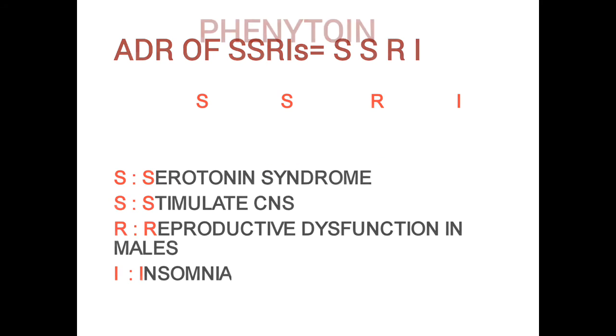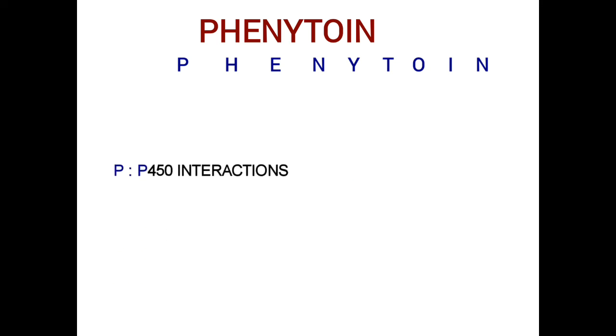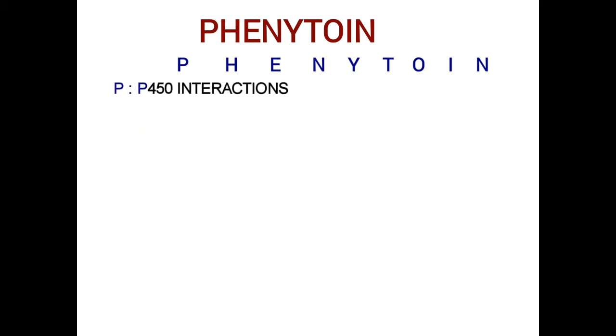Clear? And phenytoin, that's the last one I have selected for today's class. To remember adverse drug reactions of phenytoin, you write phenytoin, PHENYTOIN. What's coming for P? P for P450 interaction.